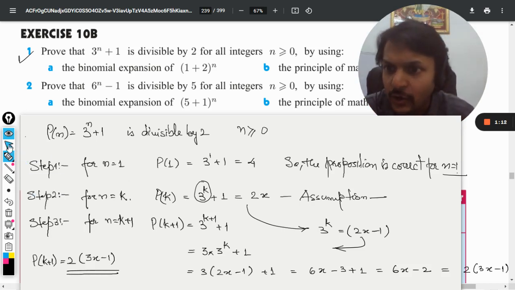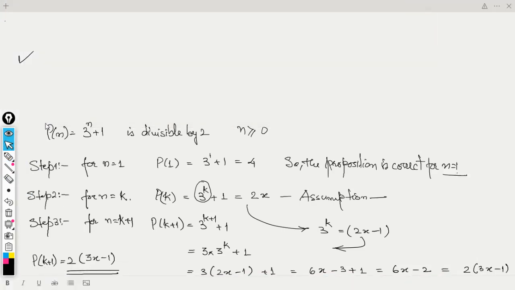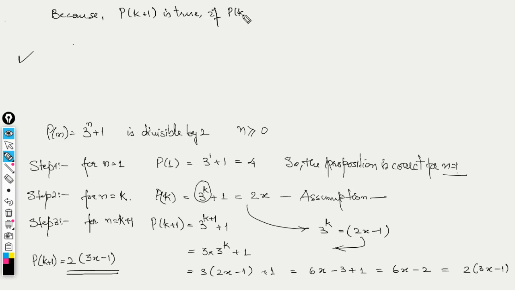So what can I write now? I would be writing a statement here. Now, what is that statement? I will say that because p of k plus 1 is true, if p of k is assumed to be true, or the statement is just right.